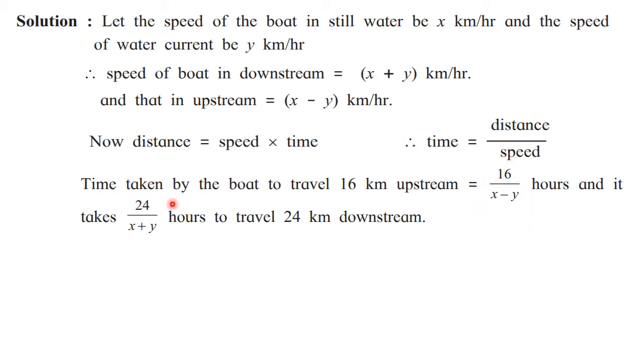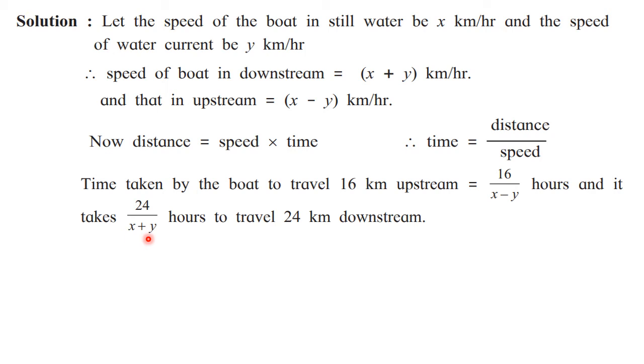So the time taken by the boat to travel 16 kilometers upstream is 16 upon x minus y. And then downstream the distance is 24 kilometers and the speed is x plus y. In this way you can find the time in both the cases. This is the time in upstream and this is for downstream.